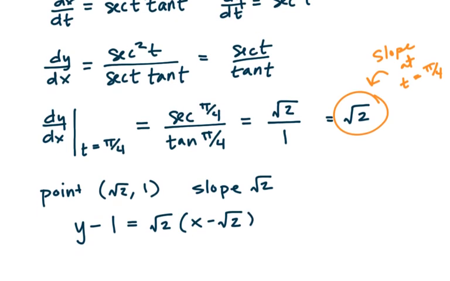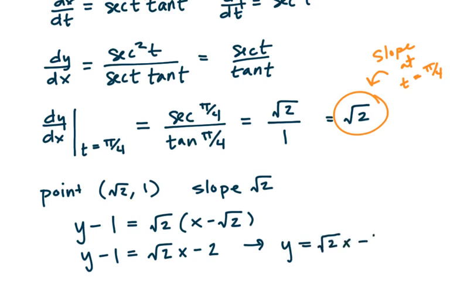Simplifying that, y minus 1 equals root 2x minus 2. Add the 1, and we've got y equals the square root of 2x minus 1. And that represents the equation of my tangent line at the moment when t is at pi over 4.